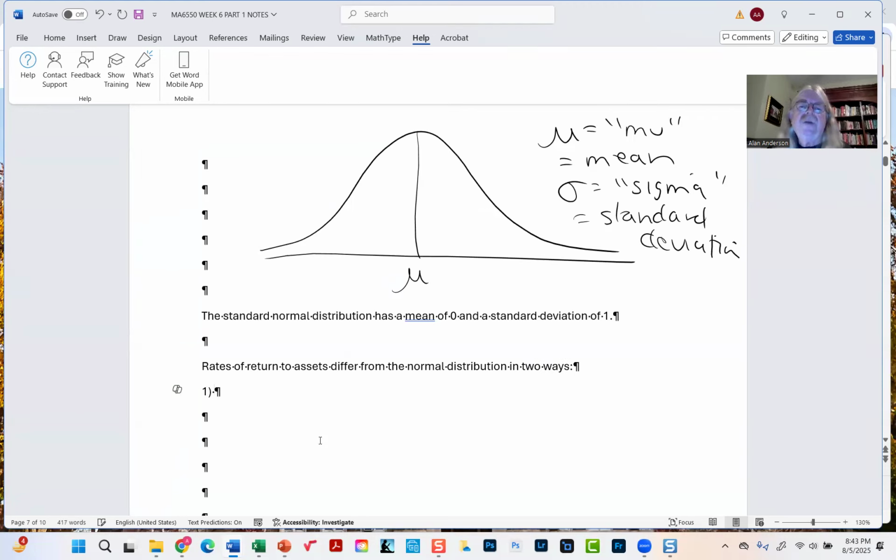One thing, actual returns to assets experience more extreme results or more extreme outcomes, both high and low, than is consistent with the normal distribution.